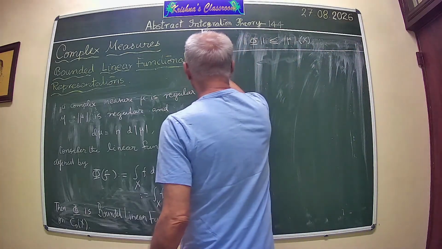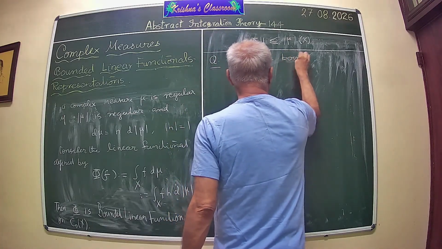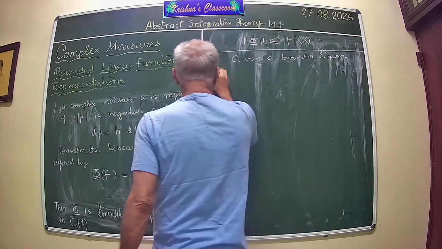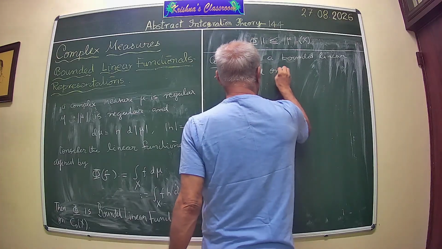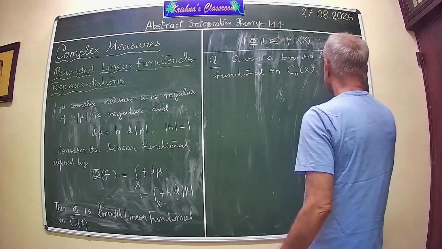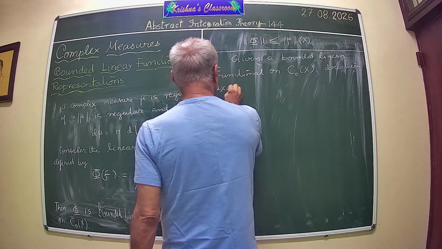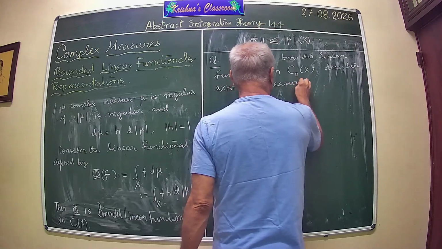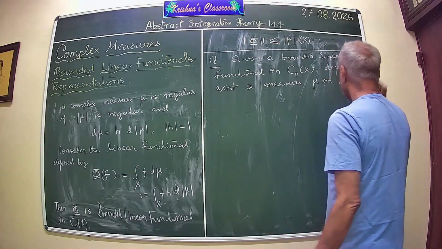So the question is this. When a bounded linear functional on C naught of X is given, does there exist a measure mu such that phi of f equals the integral of f d mu?